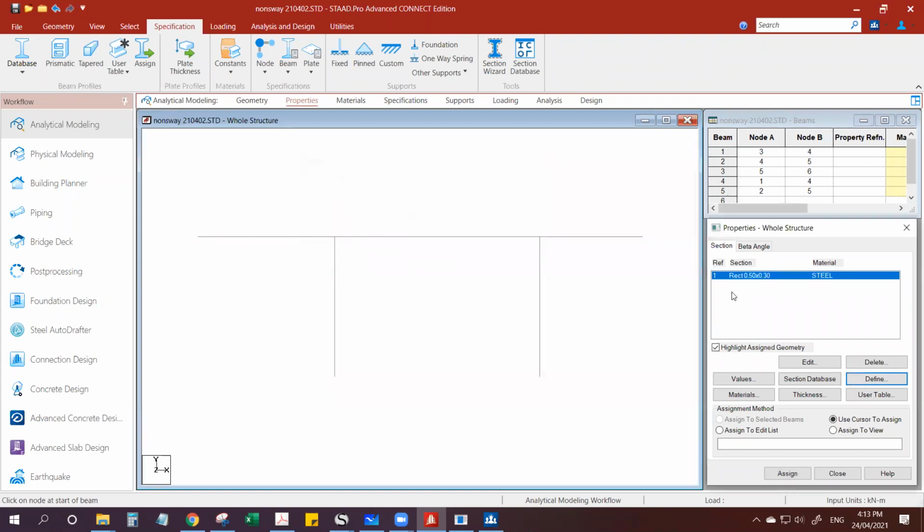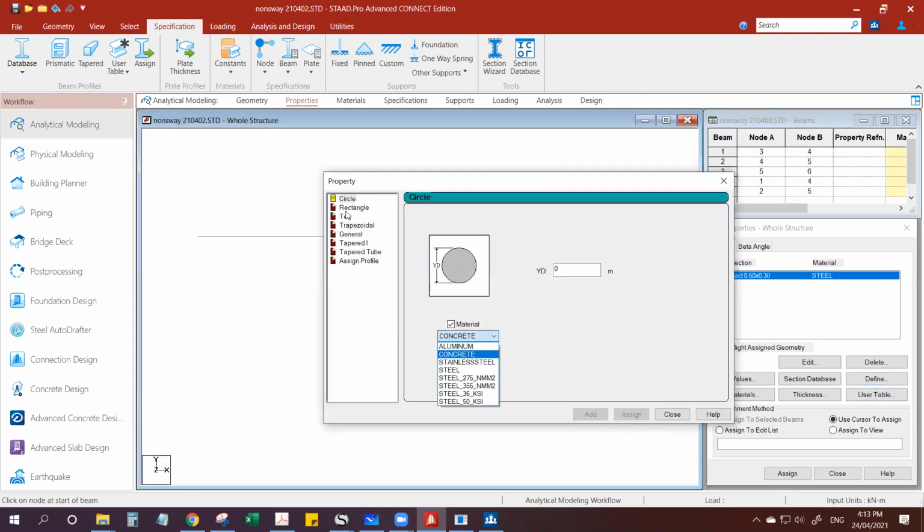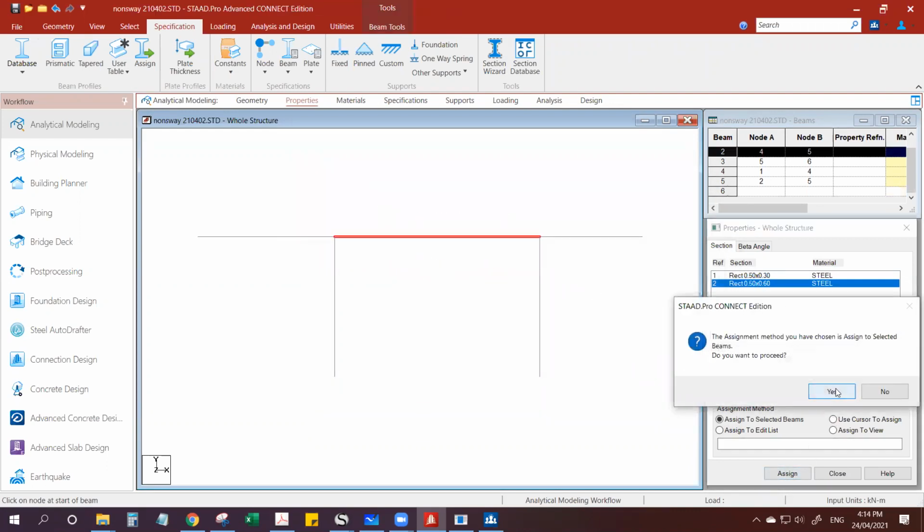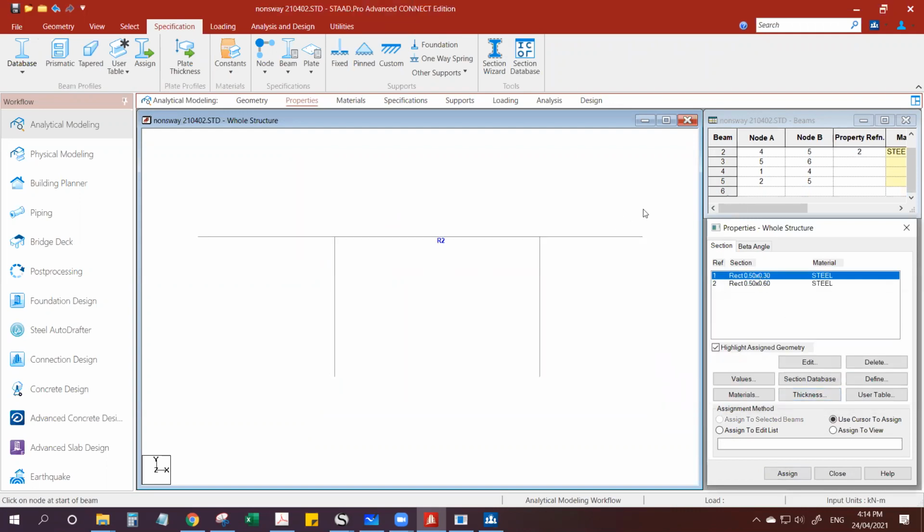Add close. So we have 2I. So let's define again. This is steel. This now 0.5 and 0.3 times 2, 0.6 to make it 2I. So this is the 2I. Then the rest is I.